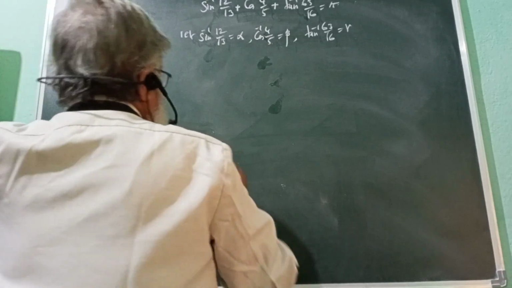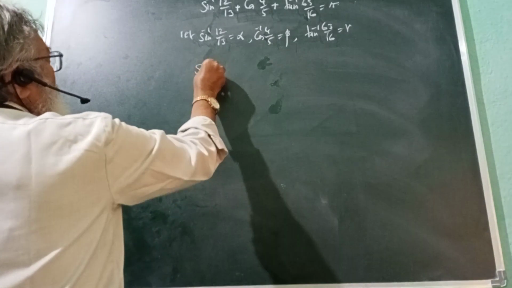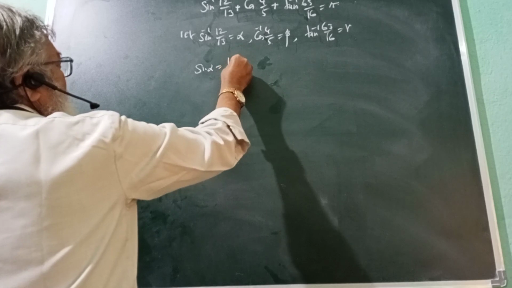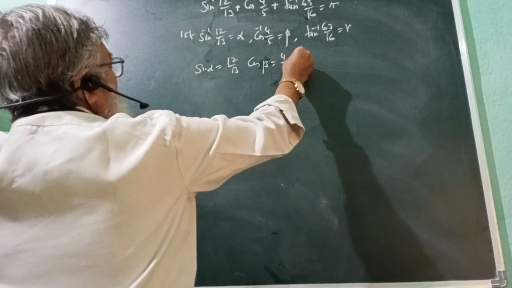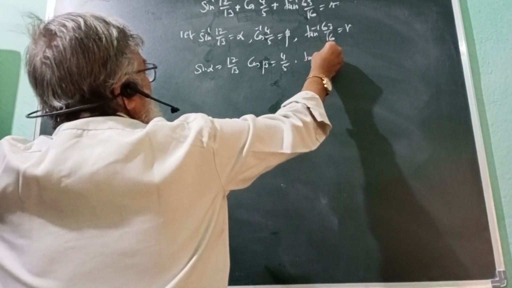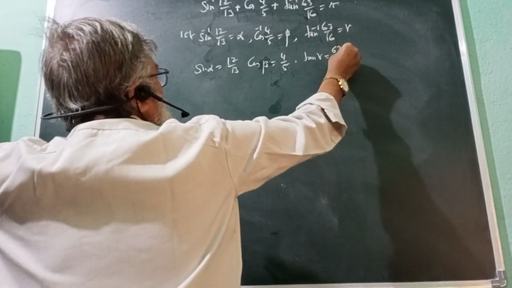Now we can write sine alpha is equal to 12 by 13, cos beta is equal to 4 by 5, tan gamma is equal to 63 by 16.